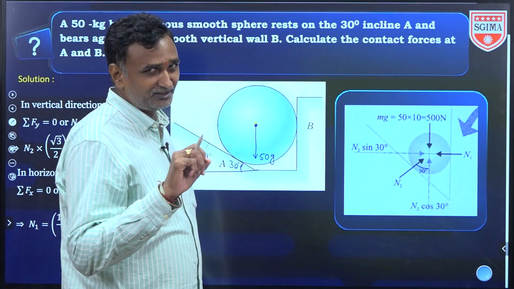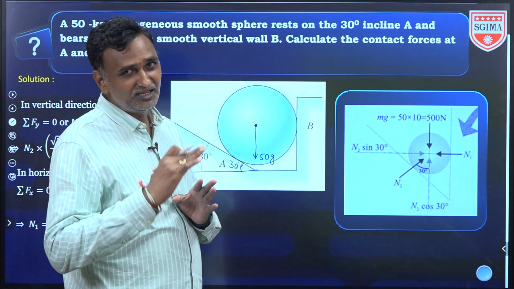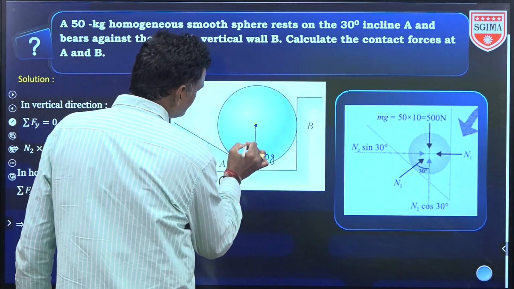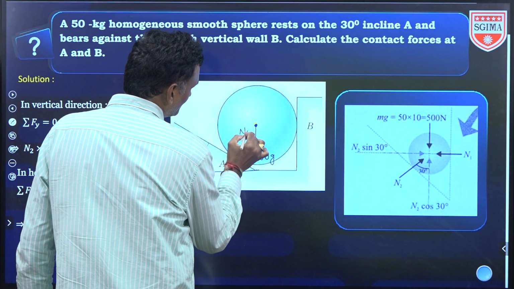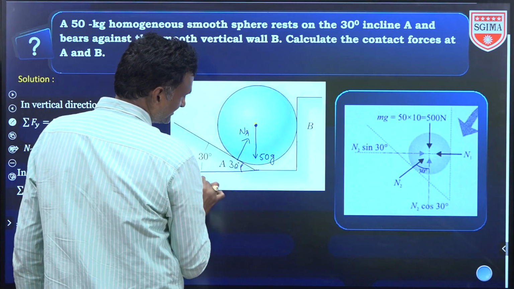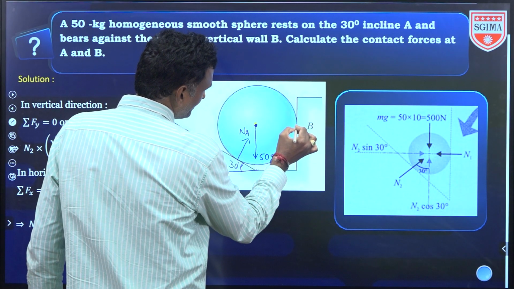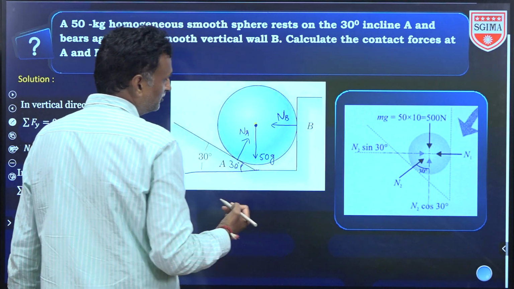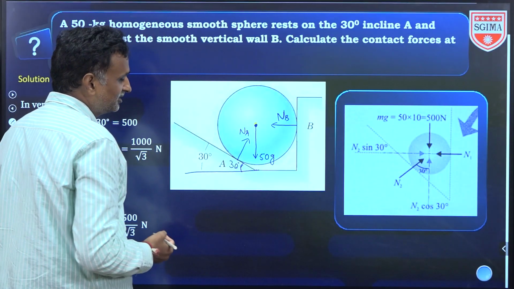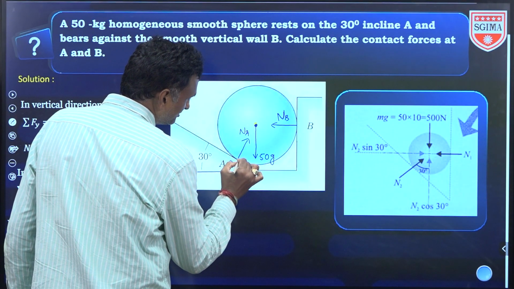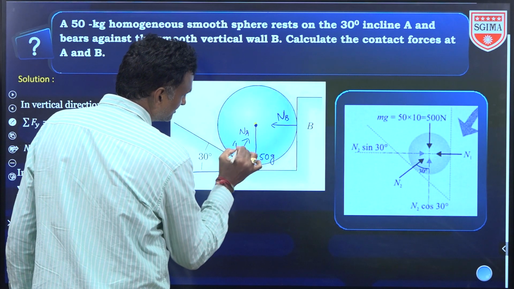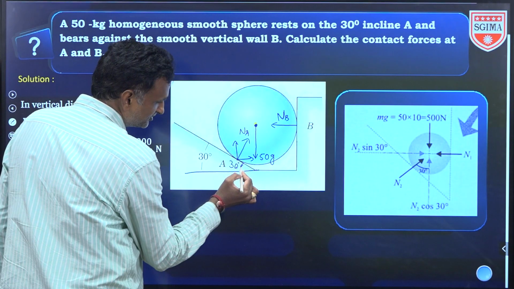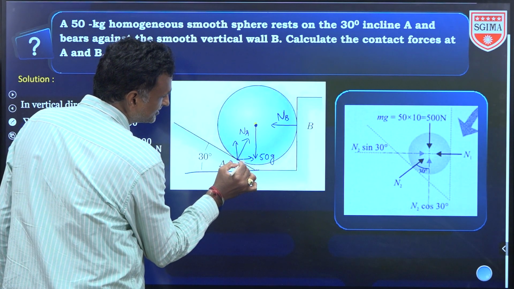Once again I am recalling the statement: normal force is always perpendicular at the point of contact. Let us take here, this is normal A, because the wedge exerts normal force in this direction, and here the wall, so at this point of contact the perpendicular direction is NB. Now first of all, if I take its components, this is 30, this is 30, so this angle 30 and this angle also 30.